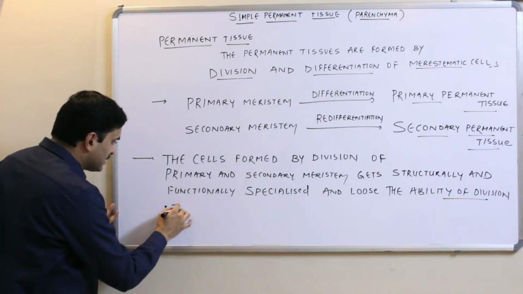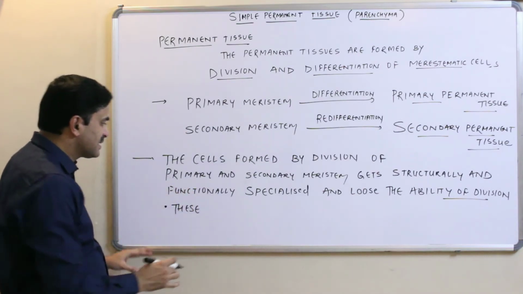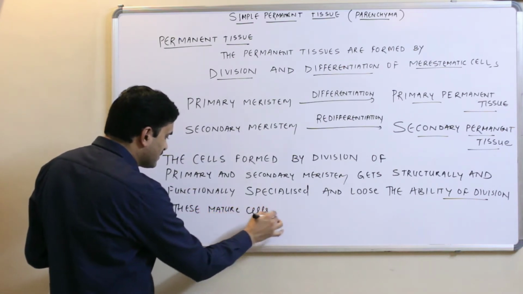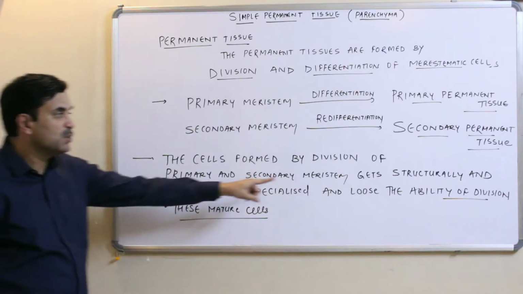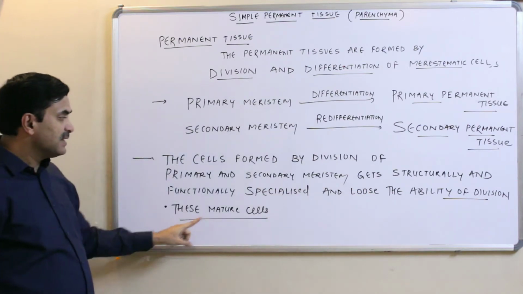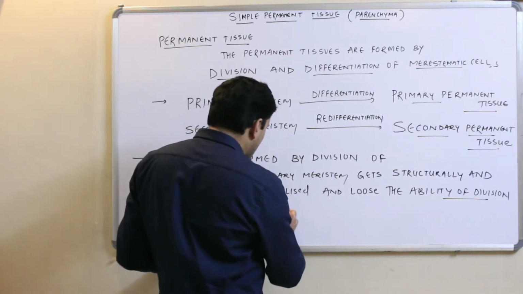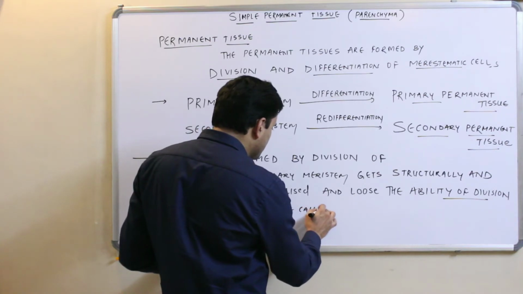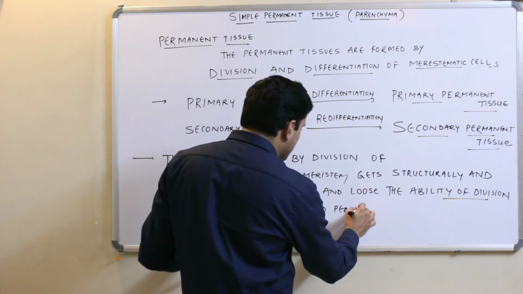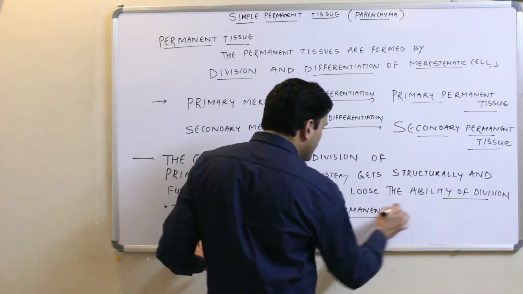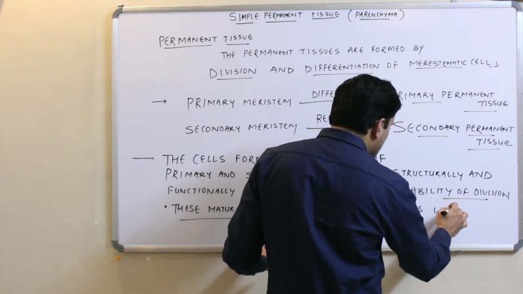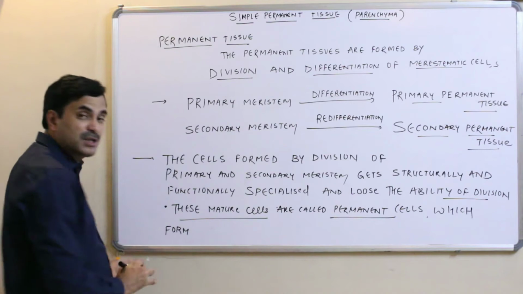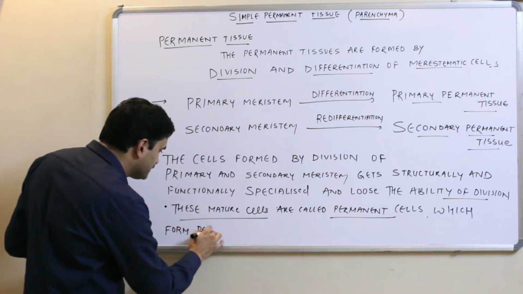Okay. These mature cells which lose the ability of division are called permanent cells, which form permanent tissue.